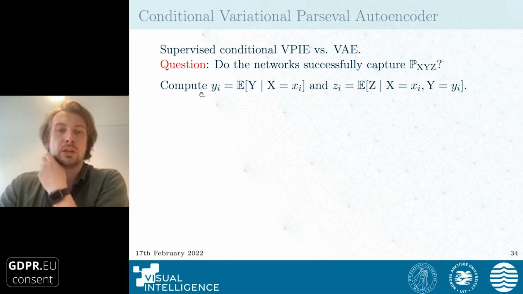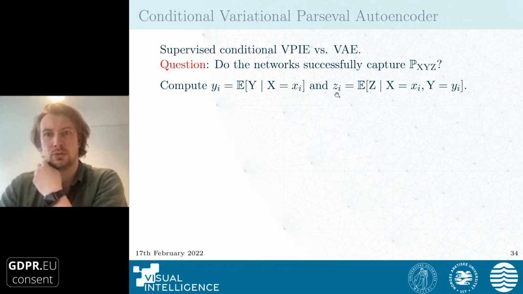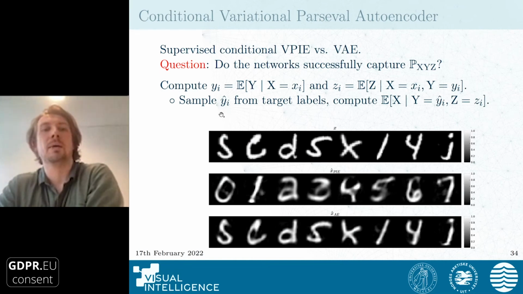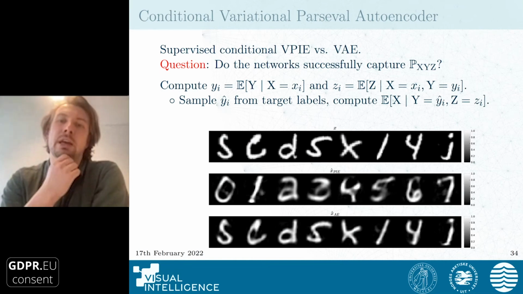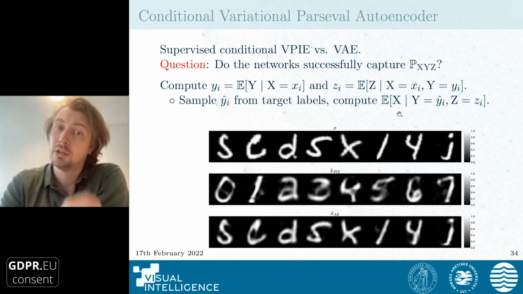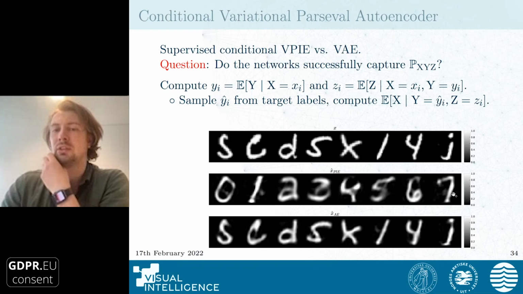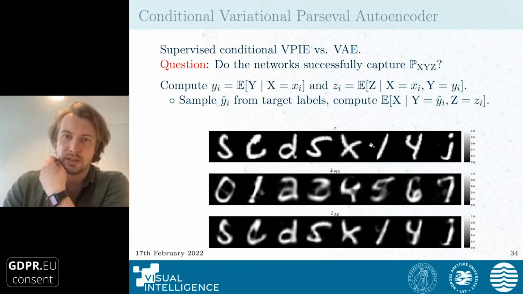Well, to check this, we computed the labels and the latent outputs, and then we sampled a new set of labels and computed the reconstruction of the image. And here we basically sampled the labels to be 1, 2, 3, 4, 5, 6, 7. The top here is the original image, and this other image is where we kept this probabilistic latent variable the same, and changed only the labels.